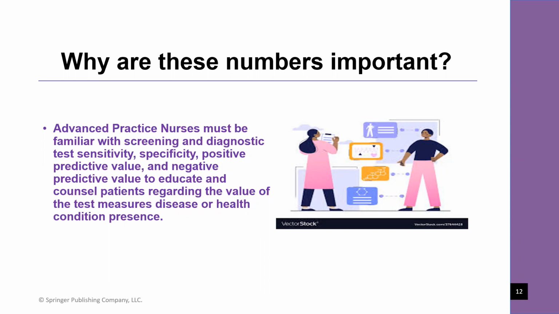So you want to be able to intelligently talk to people about why these are important. And you also want to be able to make recommendations based on your patient's health conditions.